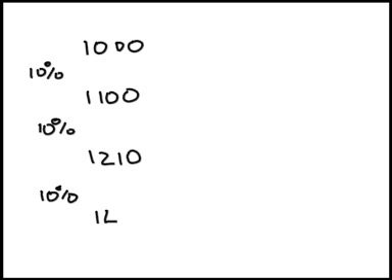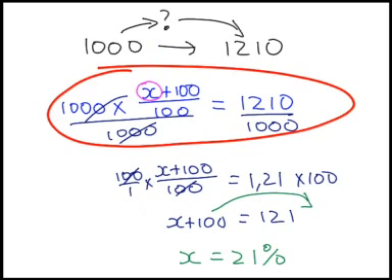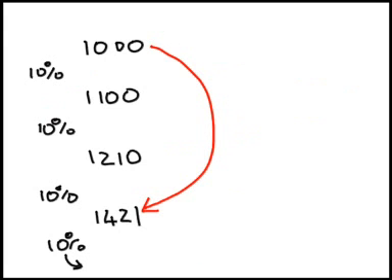Another 10% will be, what's this now, 1,331, I think. And so on, and so on. You just keep on adding 10% every year. But let's say I want to get from there to there in one go. Then I need to work out the percentage using that formula. There are no years involved when you're talking about, let's say, the effective interest rate.